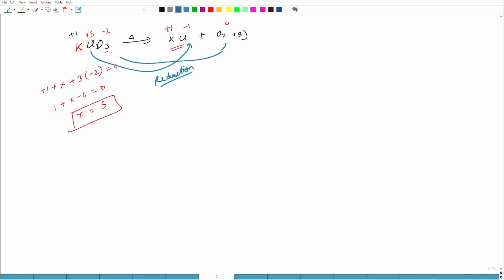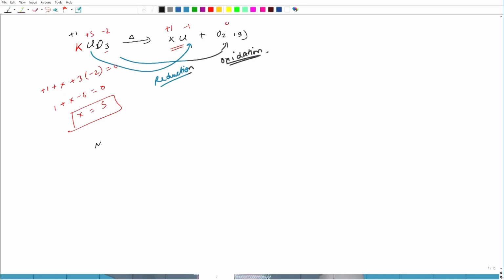This is an example of a decomposition reaction, where one compound dissociates into two or more products, and we can see whether it is a redox reaction or not by calculating the oxidation number of each and every element, and seeing which element is getting oxidized and which is getting reduced.